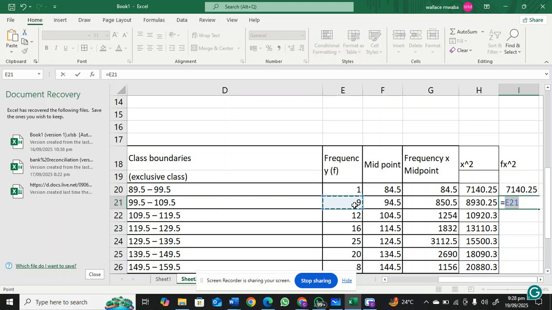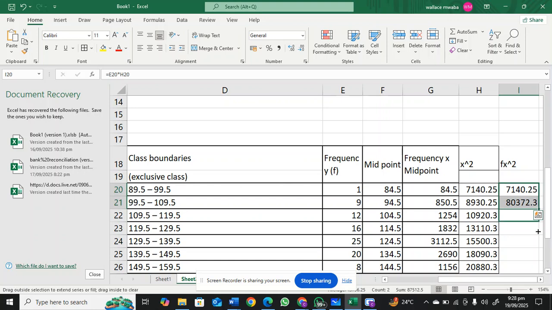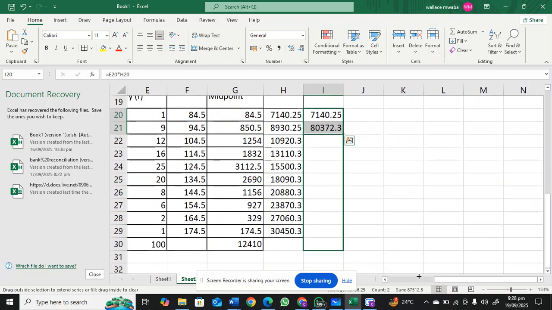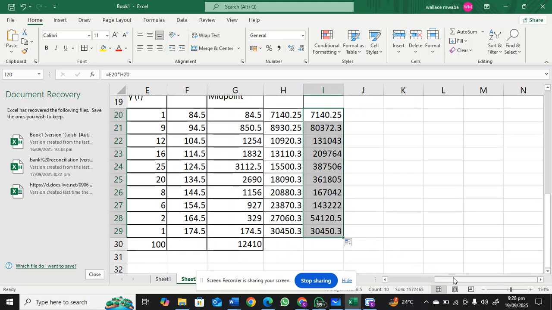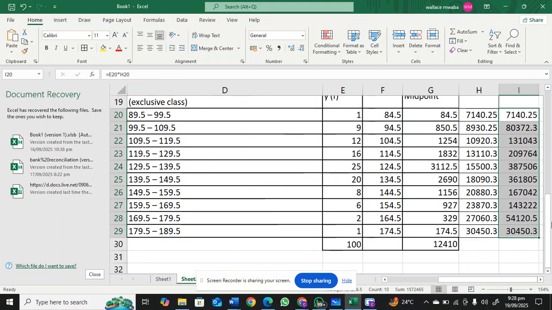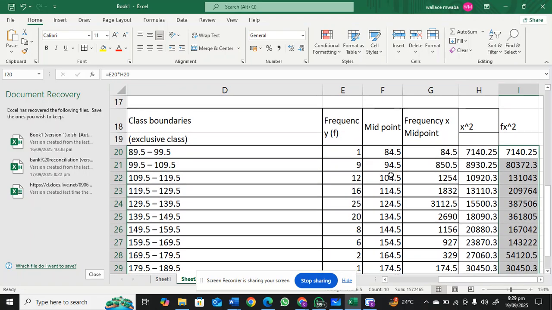9 multiplied by 8,930.25, you get 80,372.3. So each midpoint squared, you multiply by the frequency. 12 multiplied by 10,920.3, you get this number.